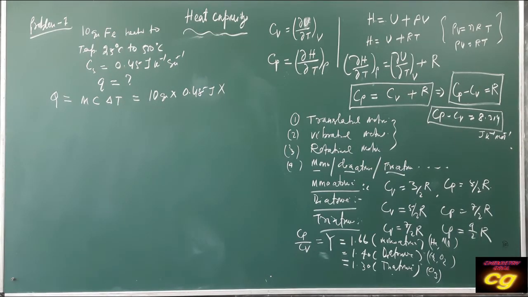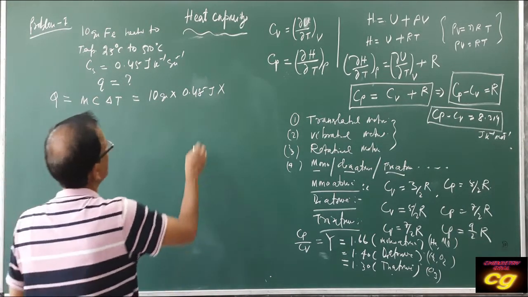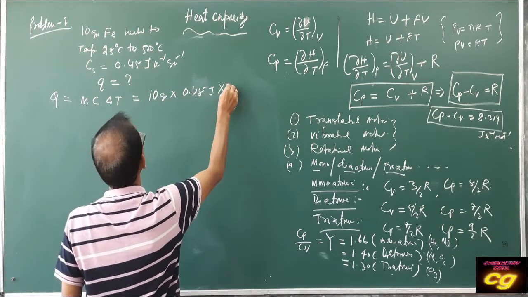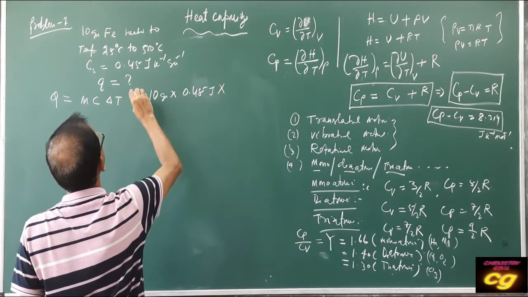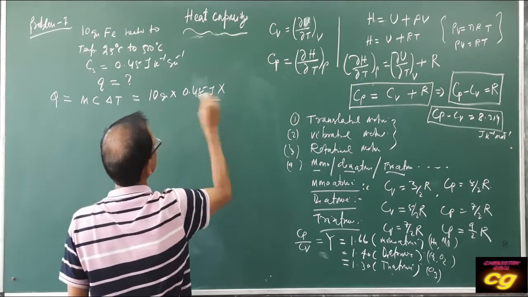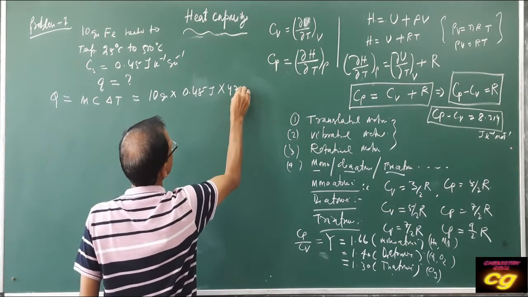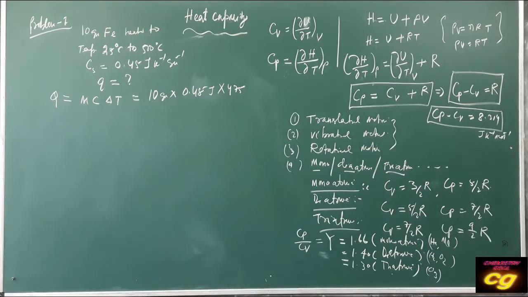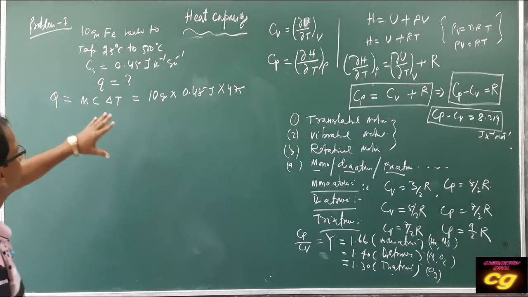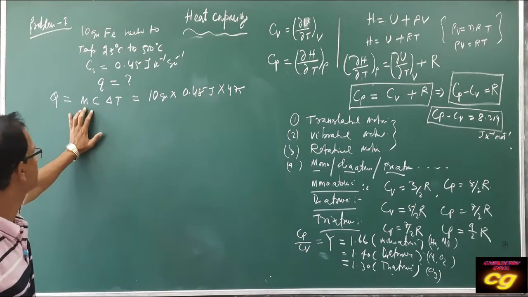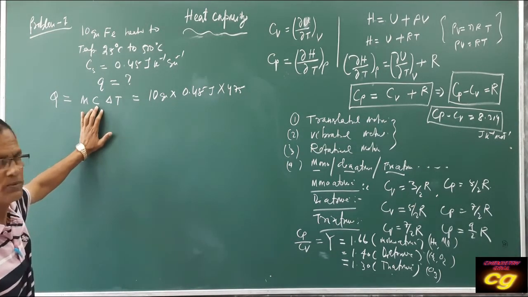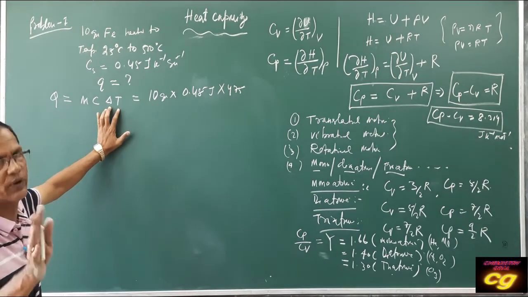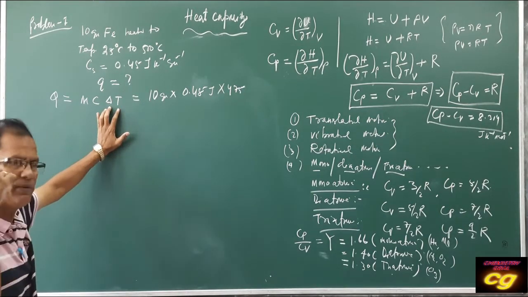How much is the difference? Delta T will be 475. The difference will be 475. In the formula, m is the mass of substance taken, C is the specific heat, and delta T is the difference, maybe in Celsius scale, maybe in Kelvin scale.